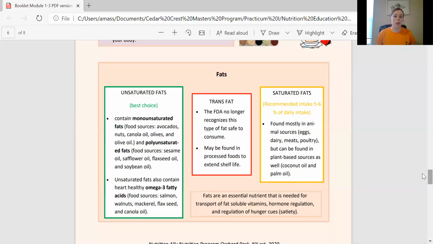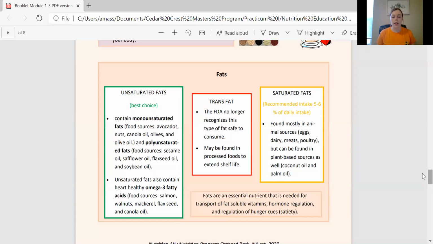Vitamin D is really important for maintaining your calcium levels, which is especially important for women as we're at a higher risk, especially after menopause, for cardiovascular disease and things like that. Vitamin E and vitamin K also help regulate your circulation and blood clotting and things like that. So if we didn't have enough fat in our body to transport those, our body wouldn't be able to utilize that. And so we wouldn't be able to maintain that homeostasis.